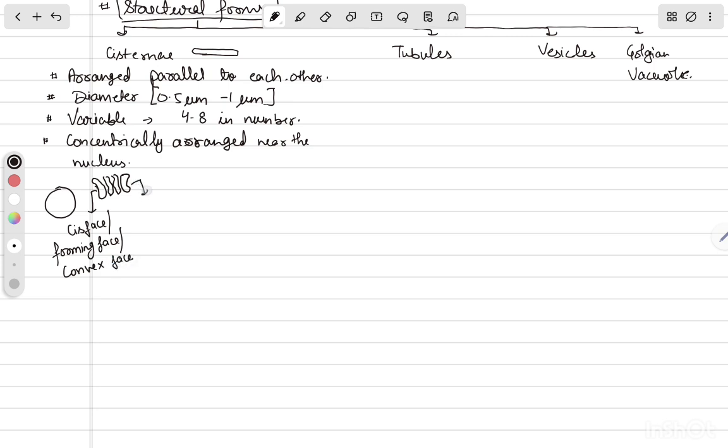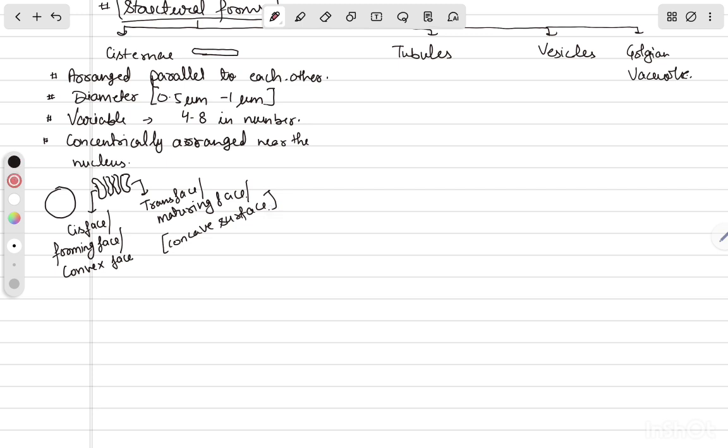And the other is trans phase or maturing phase, which have concave surface, right?